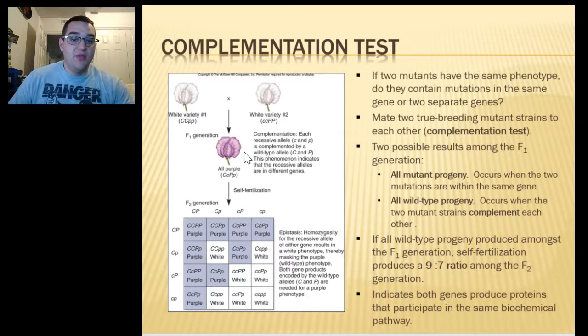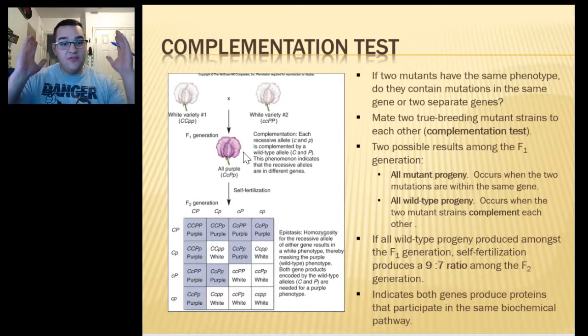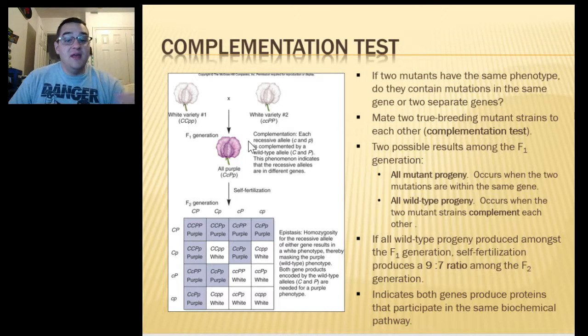And so you can end up with all wild type progeny even though you have 2 true breeding strains. You mix the 2 and you end up with purple because the expression of the trait is controlled by 2 different genes. And that's how you test it. And it always comes out to be a 9 to 7 ratio if you end up with 2 genes that are both true breeding and you mix them. The 9 to 7 ratio is something to look out for.